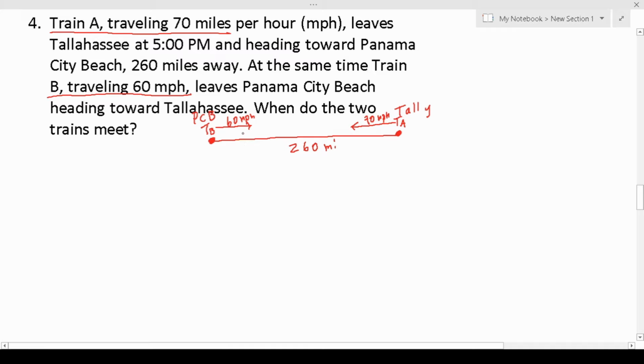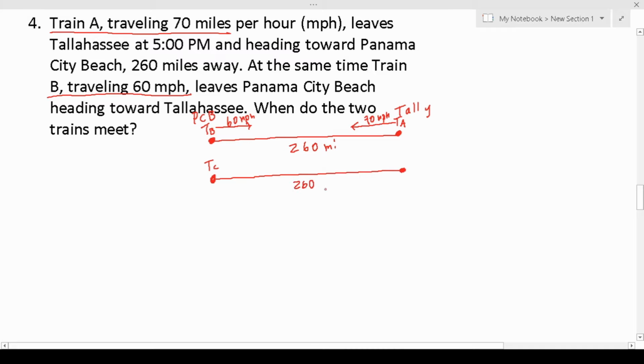In other words, how long is it going to take these two trains to cover this 260 miles? The easiest way to solve these problems is to think about it this way. Imagine if you had one train, let's call it train C, and it was going the same 260 miles, okay?